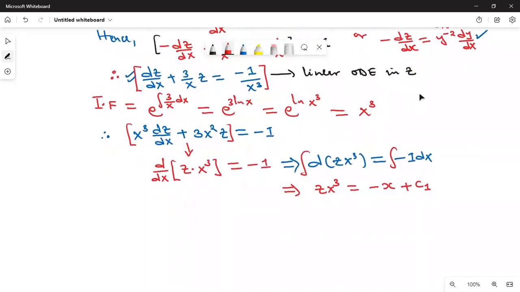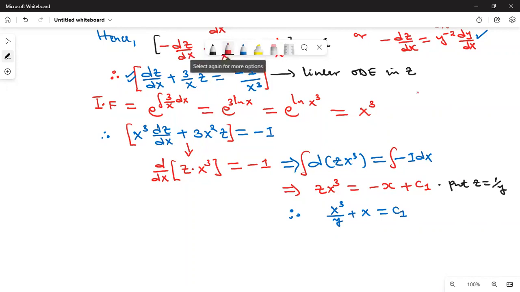So replace z by 1 over y to get this one, x cubed over y plus x is equal to c1.